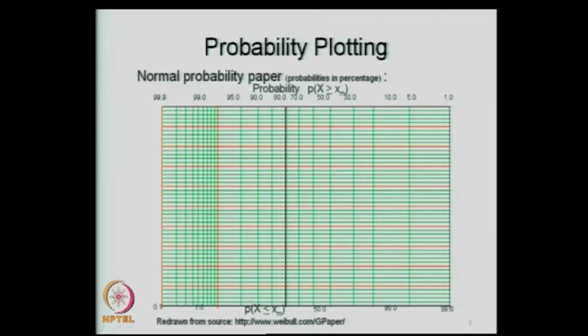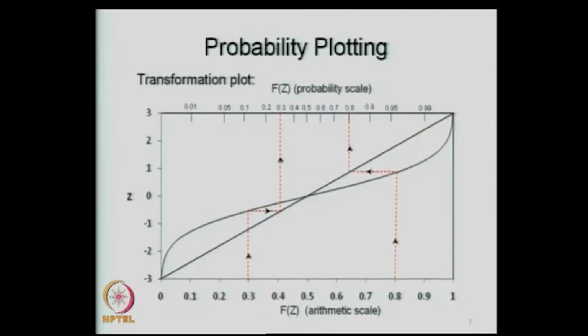We use these probability papers and plot the data on the probability paper to check whether the given data follows normal distribution or not. What will happen if it follows normal distribution? It would follow this particular straight line, or the values will all be around this particular straight line.